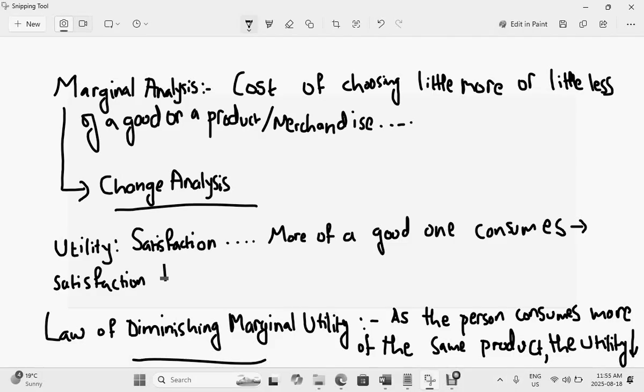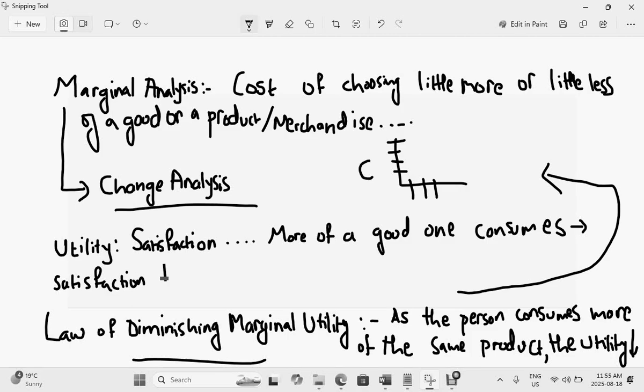All right, so say for example, you consume a candy, and as you consume more candy, let's say one, two, three, the satisfaction goes down. So let's say this is candy over here: one, two, and three. You start off with three candies, and let's say this is your marginal utility or MU, measured in units, for example.